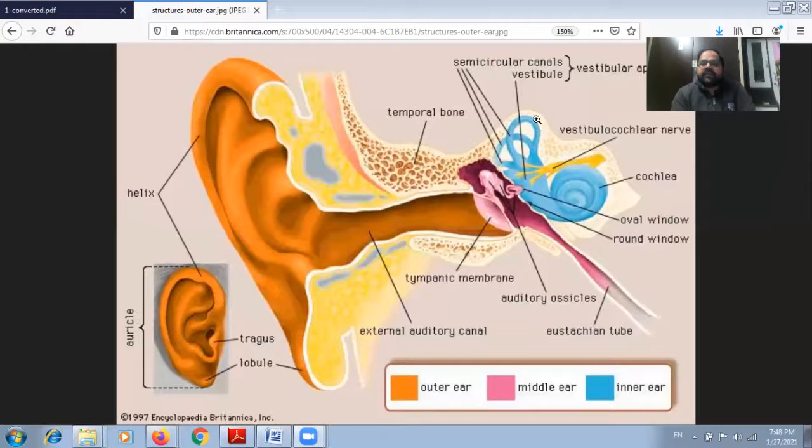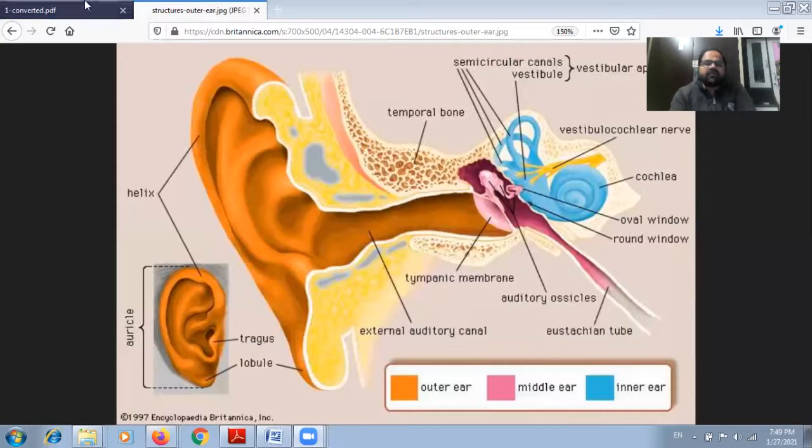It means three semicircular canals are present over the vestibule, and each of them is arranged at right angles to the others. After this vestibule there is a snail-like structure, which is called the cochlea. So these are the parts of the human ear.